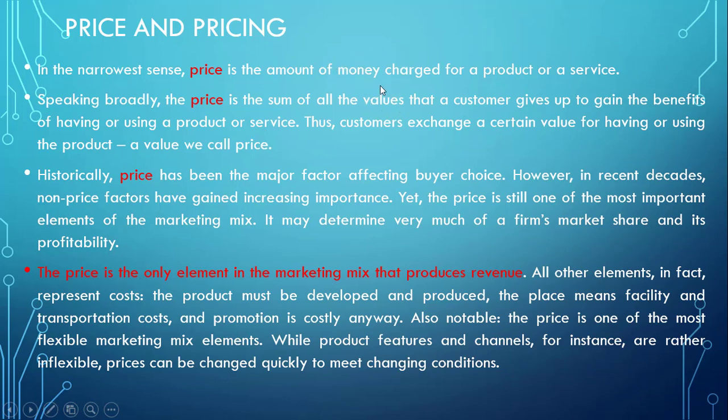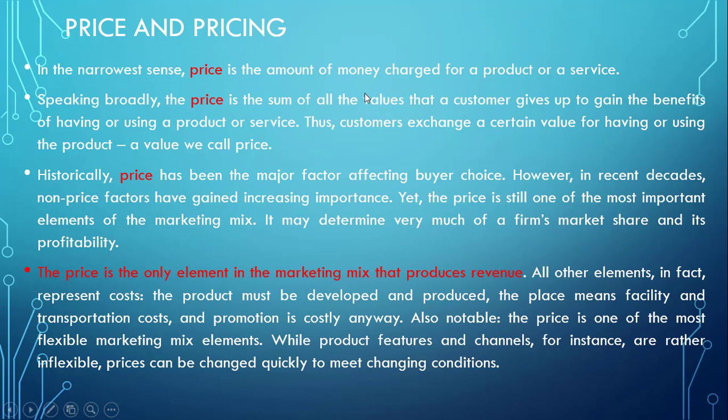But in the second, in the broadest sense, when you say price, it's not just about money, but it might be non-monetary values. The second definition will give you a little bit broader concept. So when you say value, it's not only money or monetary terms, but it might be in non-monetary terms.